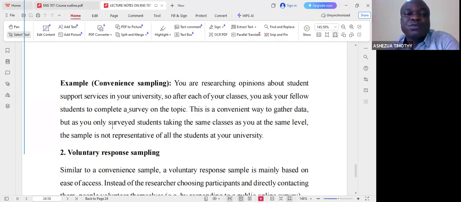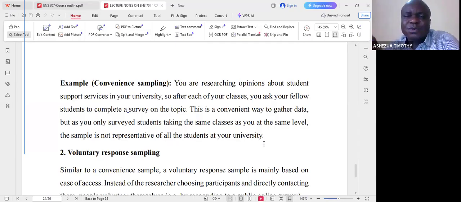But as you only surveyed students taking the same class as you at the same level, the sample is not representative of the students in your university. Because if you are supposed to take a sample from the entire university and you restrict your sampling to the class you are in.